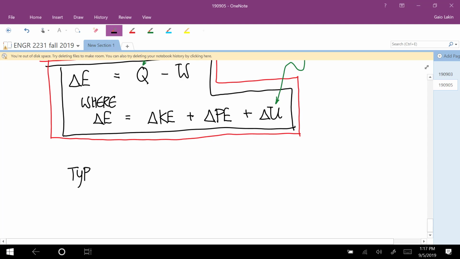Now I want to give some equations for types of work that we're going to see pretty often. There are 3 of these, I think, that I'm going to give you.